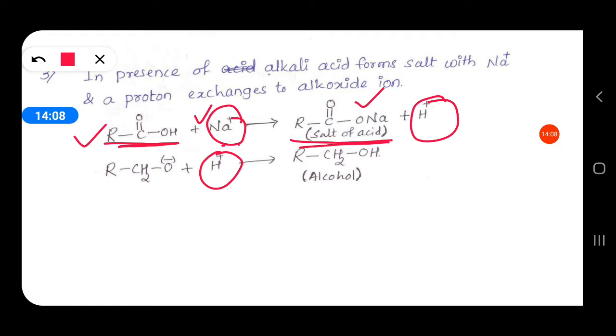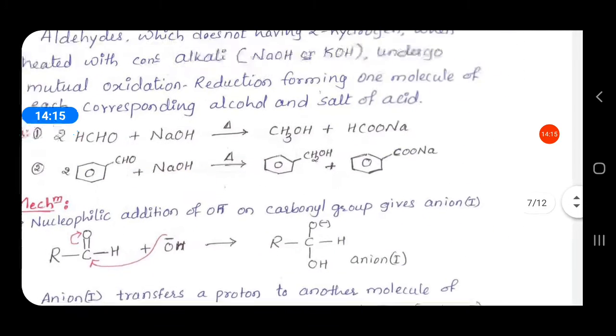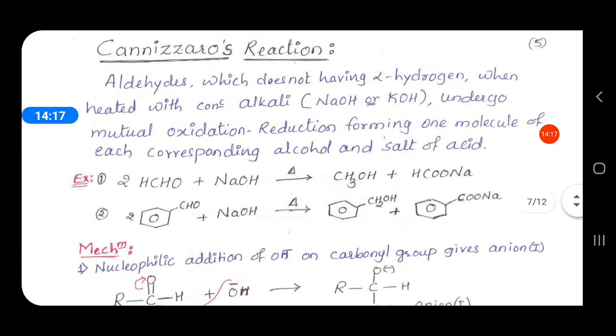That H plus reacts with alkoxide ion and gives alcohol. So when aldehyde is treated with sodium hydroxide, it gives one molecule of the corresponding alcohol and one molecule of the salt of the corresponding acid.